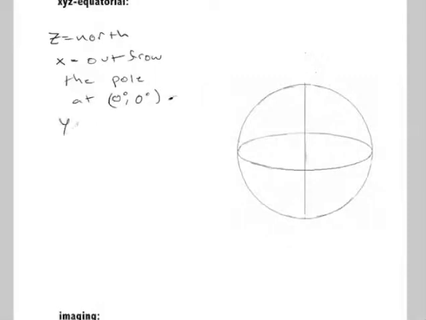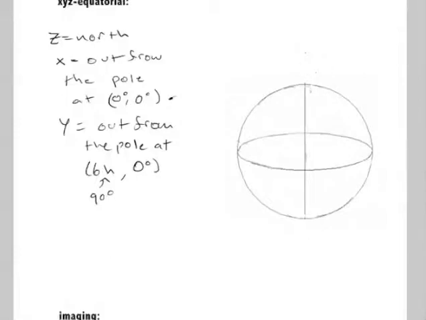And y is perpendicular to x and z. So it's out from the pole at 6 hours or 90 degrees and 0 latitude.